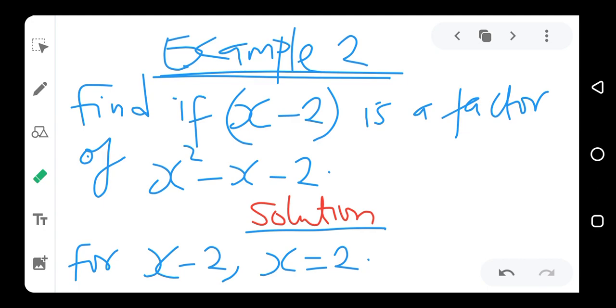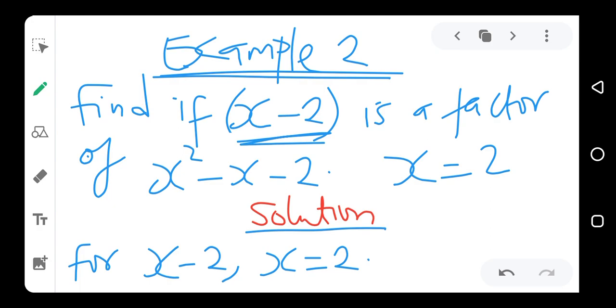When you are given a value or a term, a linear polynomial, and you are asked to verify if it is a factor of a certain polynomial, what you do is that you get the root value from this, the x value. The x value of this term is x equal to 2. That is the x value of this term.